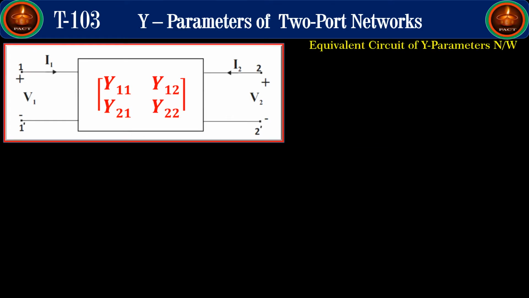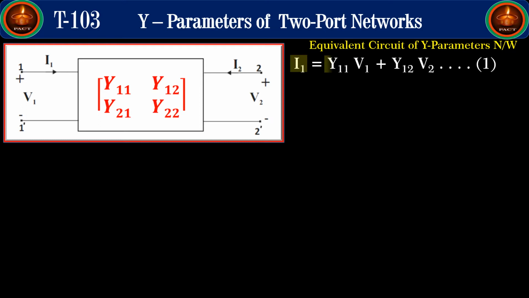Friends, now we shall obtain the equivalent circuit of a network in terms of Y parameters. We know I1 is equal to Y11 V1 plus Y12 V2. Now you note that I1 is a current term.